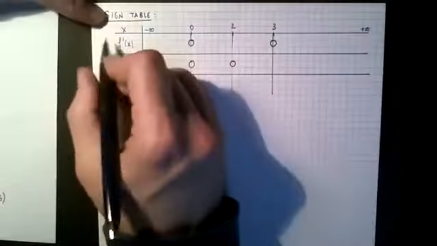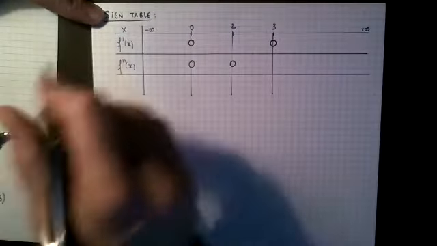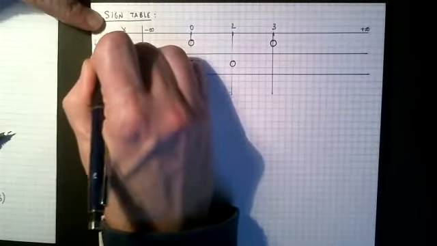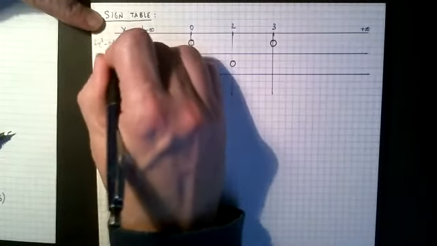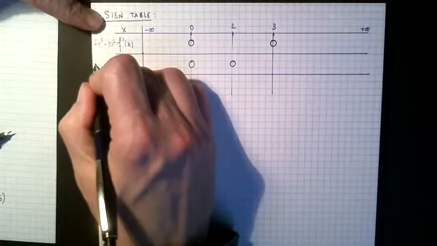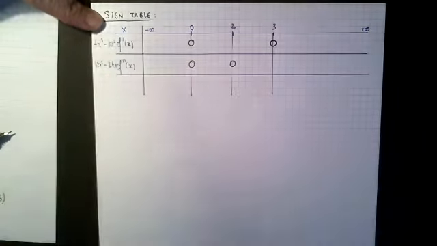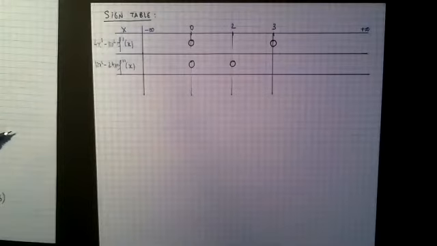F prime of X was 4x cubed minus 12x squared, and F prime prime was 12x squared minus 24x. Sorry, it's a bit small.